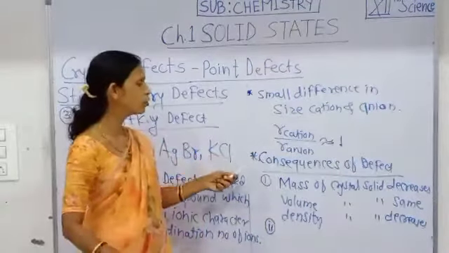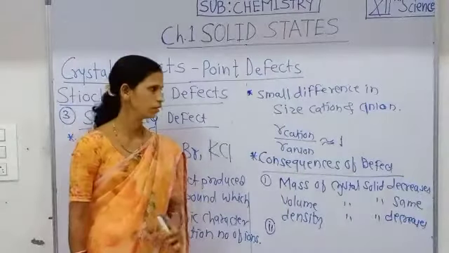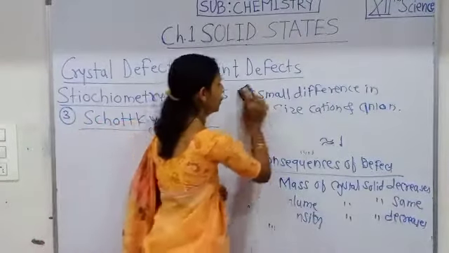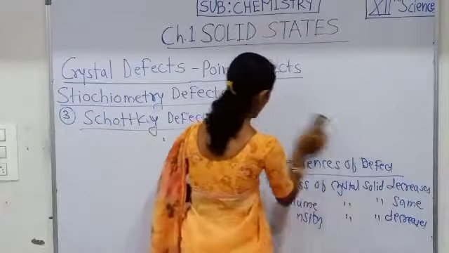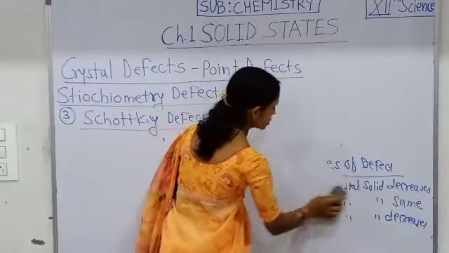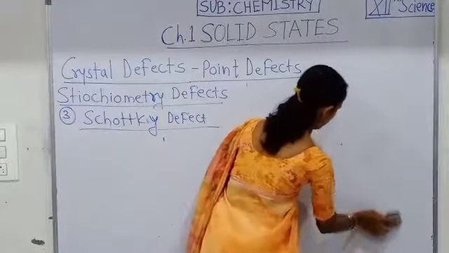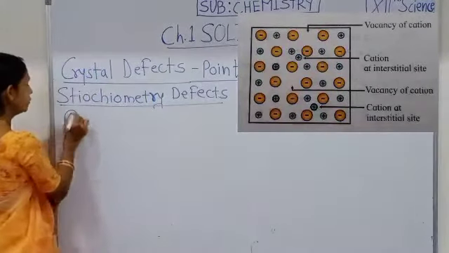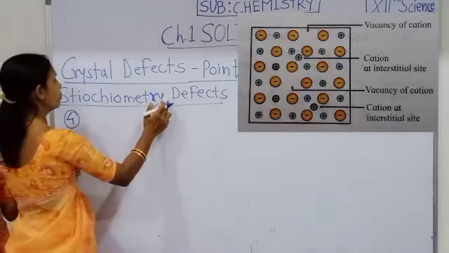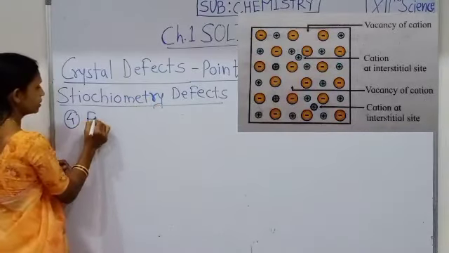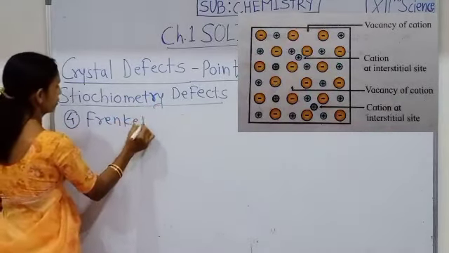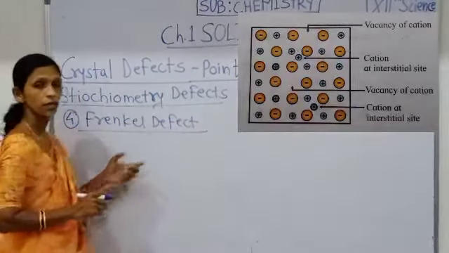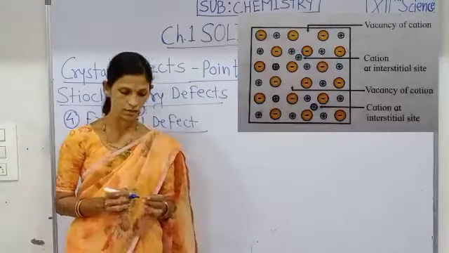That is about the Schottky defect. Then we will discuss the last type of stoichiometric defect, that is Frenkel defect.